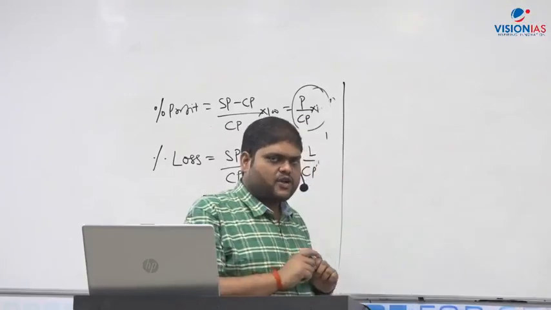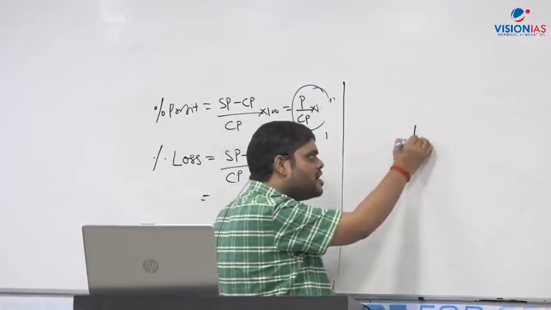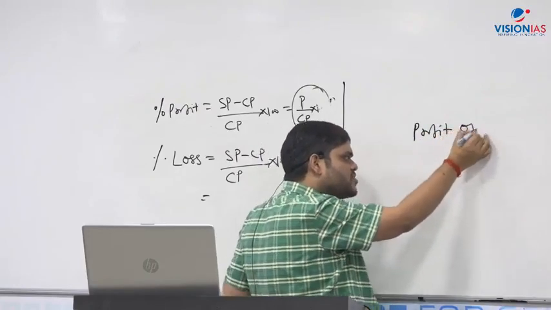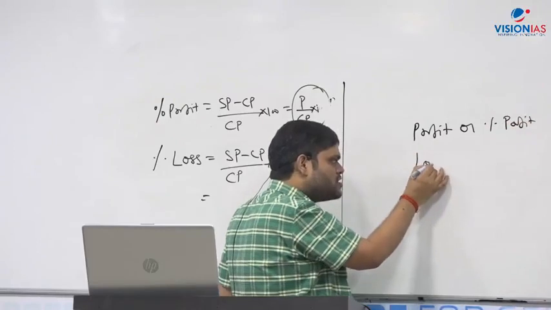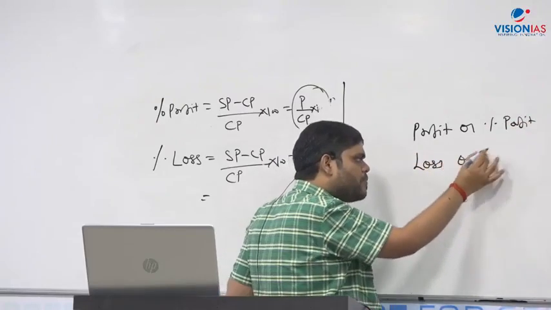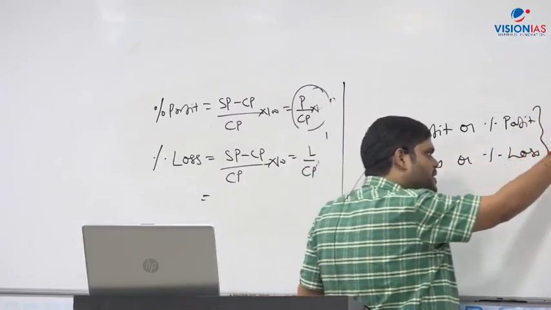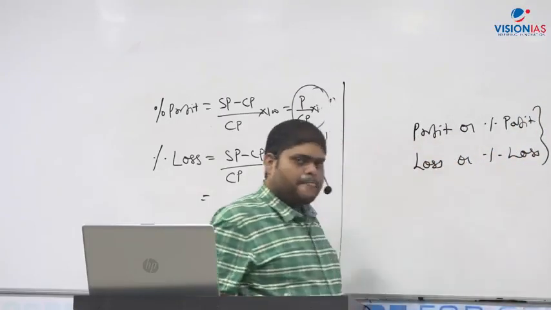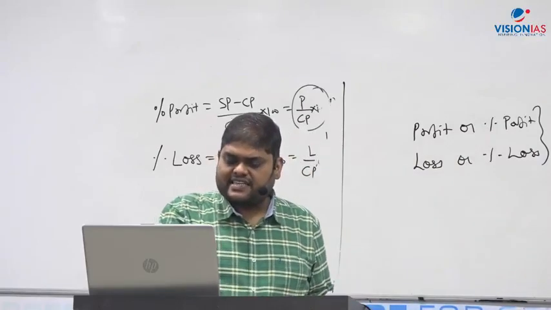Please listen carefully. This is how you can solve the problem. The three things are profit or percent of profit, similarly loss or percent of loss, then SP and CP. Okay? Understand this thing. Understand this thing.